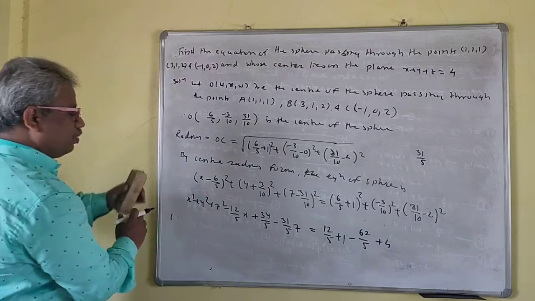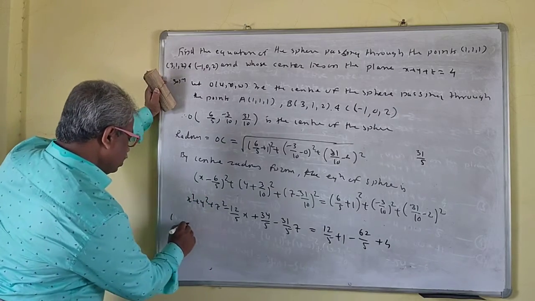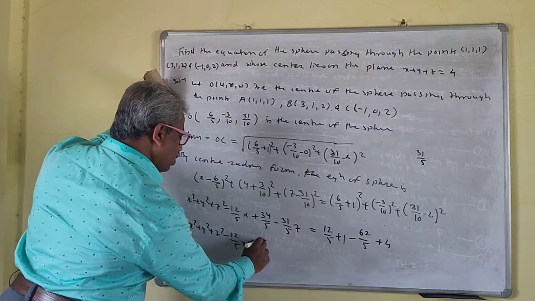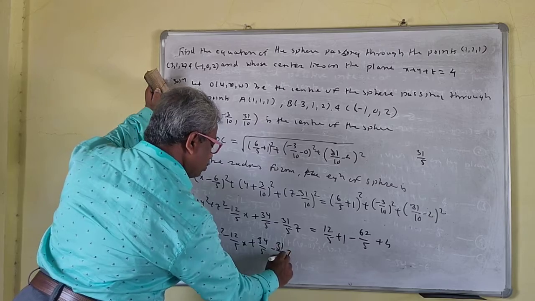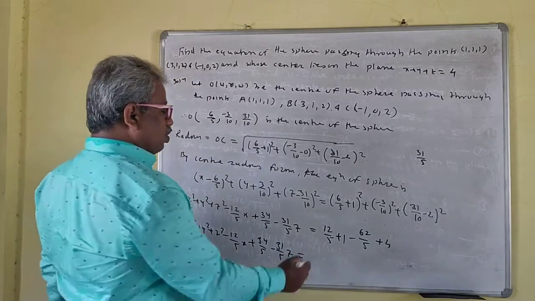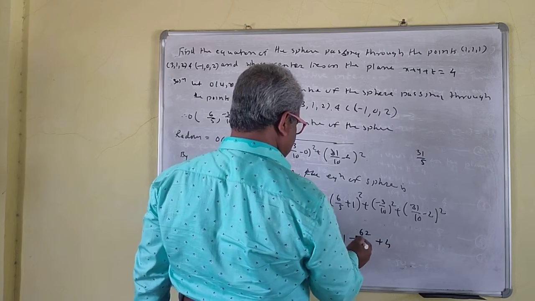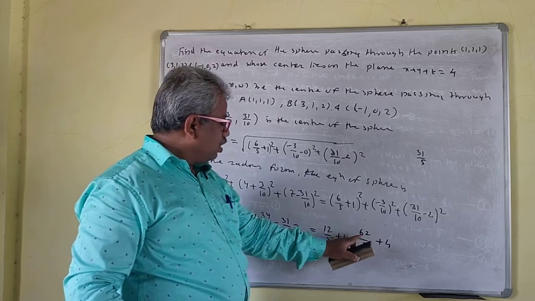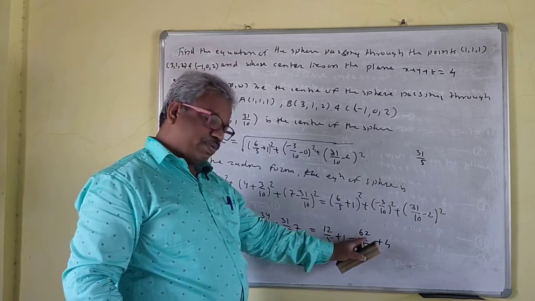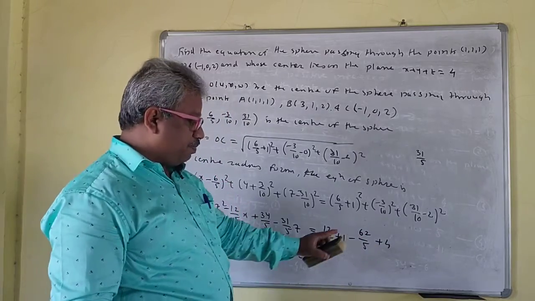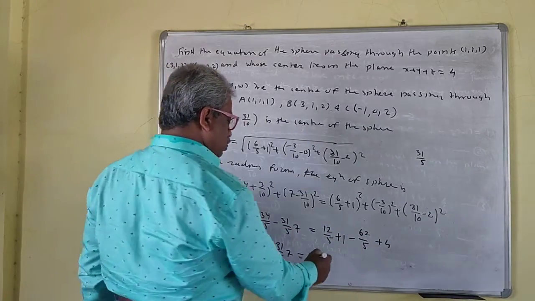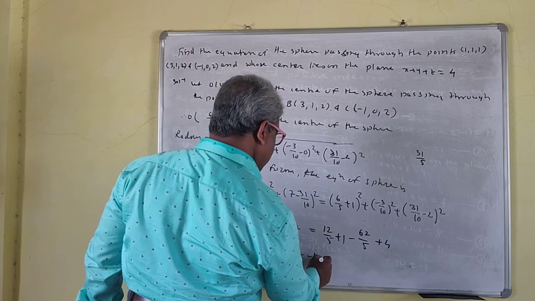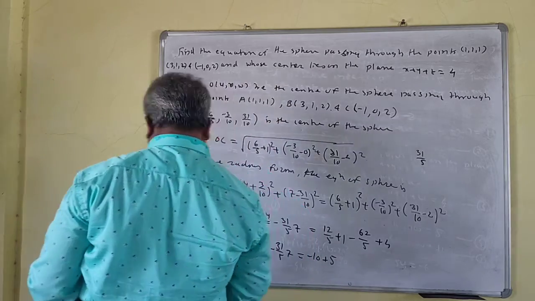Okay, so we'll simplify, no problem. So this is x square plus y square plus z square minus 12 by 5 x plus 3 by 5 y minus 31 by 5 z is equal to. Now this is 5, so 62 minus 12 is 50, so this is minus 50 by 5, so minus 10, plus 5.